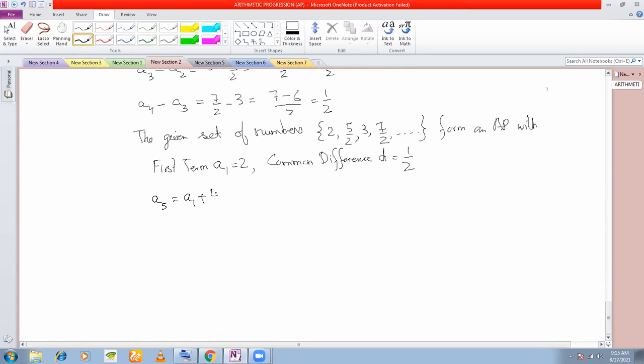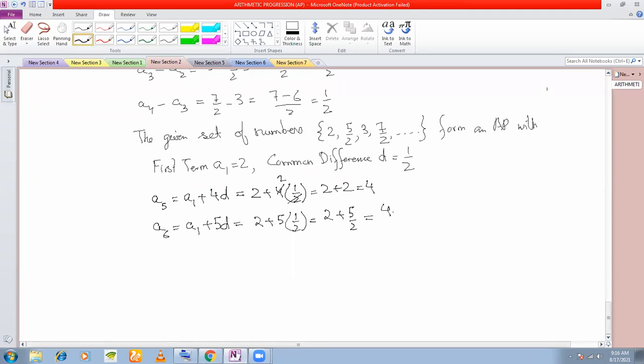is equal to A1 plus 4D. 4 times D, which is 2 plus, this cancels here, we get 4. The next term, A1 plus 5D. A1 plus 5 into D. 2 plus 5 by 2.